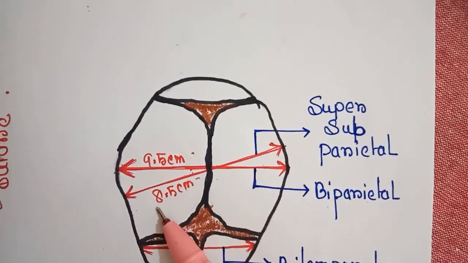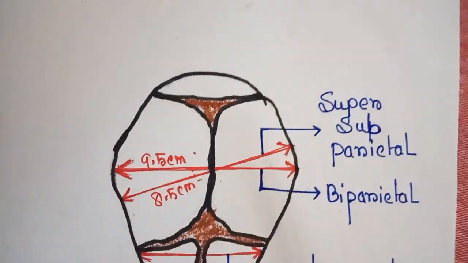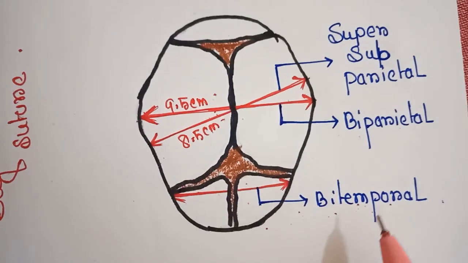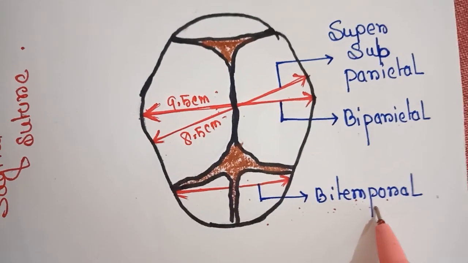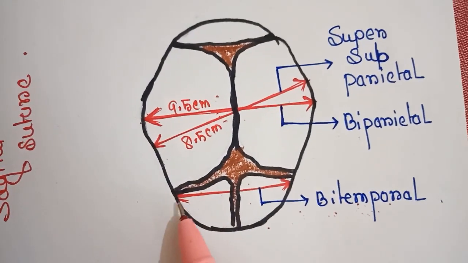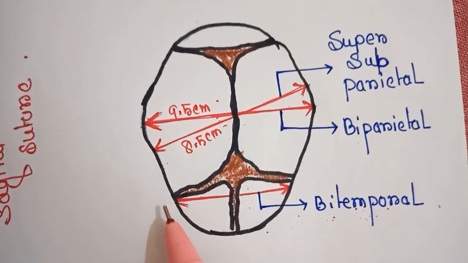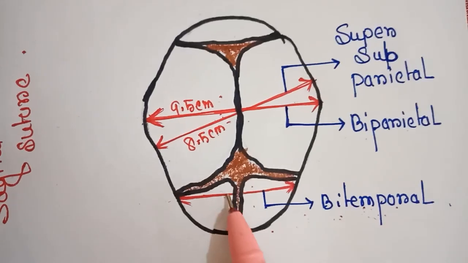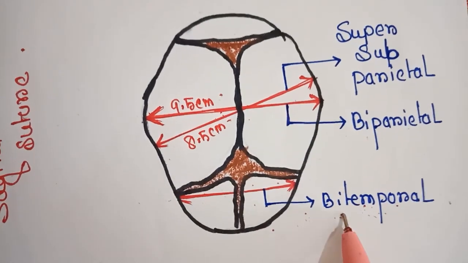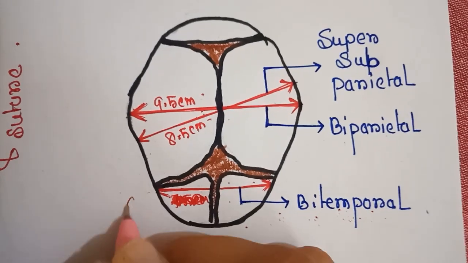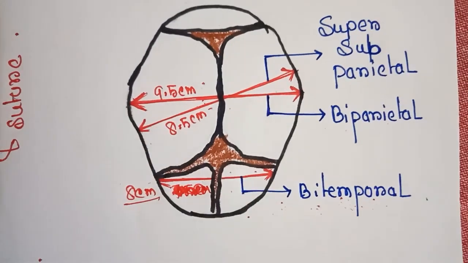Next, the bitemporal diameter is the distance between the two farthest points of the coronal suture. This is the coronal suture and these are the farthest points of the coronal suture, and this is called the bitemporal diameter. The bitemporal diameter is 8 cm.